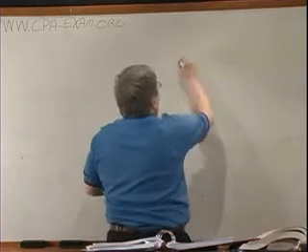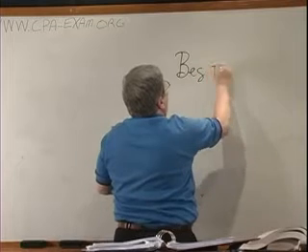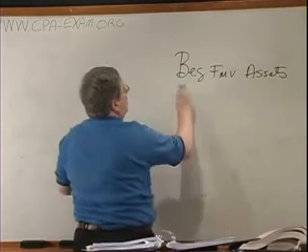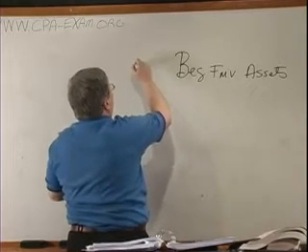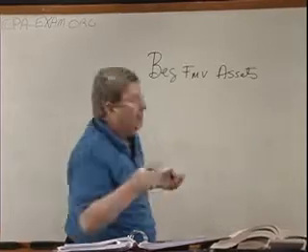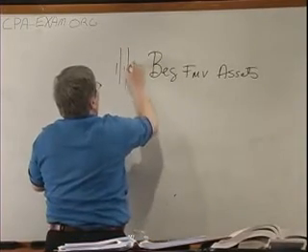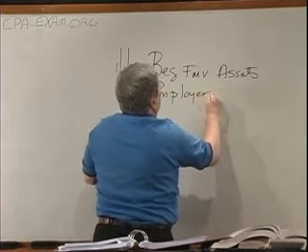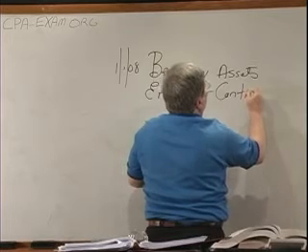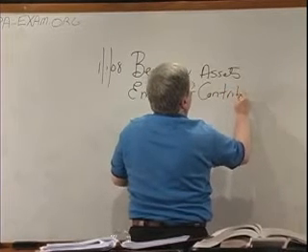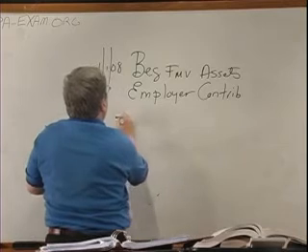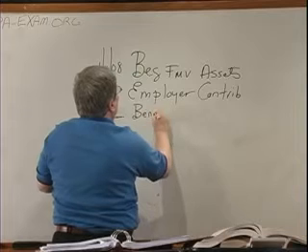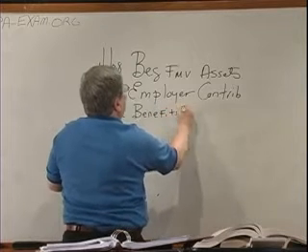Now, we take the beginning fair market value of our assets. So you have to look for the beginning fair market value at the beginning of 08. I think we're doing 08 here. Let's assume it's 08. To that, we're going to add any employer contributions. Now, we're going to subtract from that any benefits that were paid out.